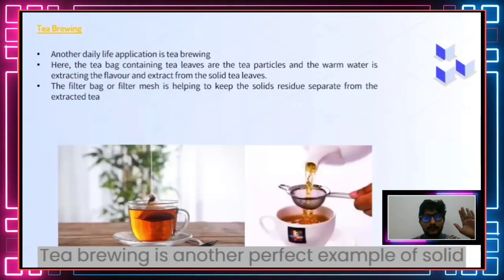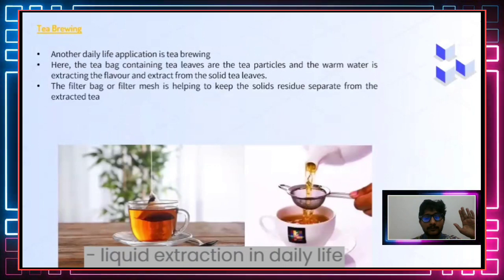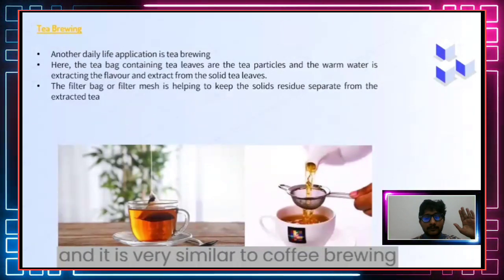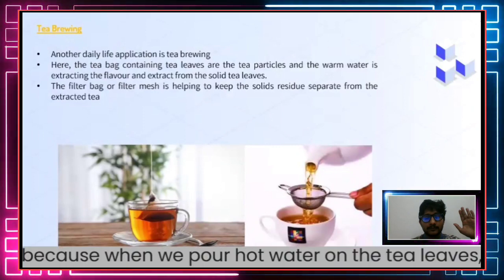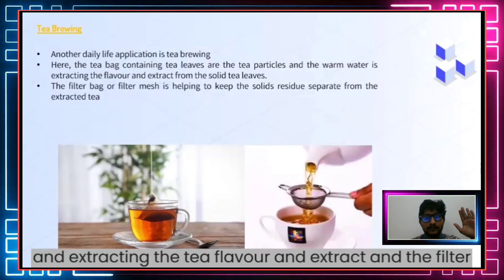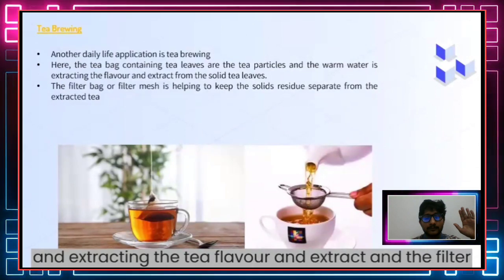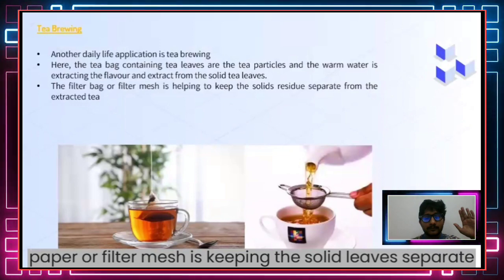And tea brewing is another perfect example of solid liquid extraction in daily life. It is very similar to coffee brewing. Why? Because when we pour hot water on the tea leaves, the hot water is again acting as the liquid and extracting the tea flavors and extract, and the filter paper or filter mesh is keeping the solid leaves separate.